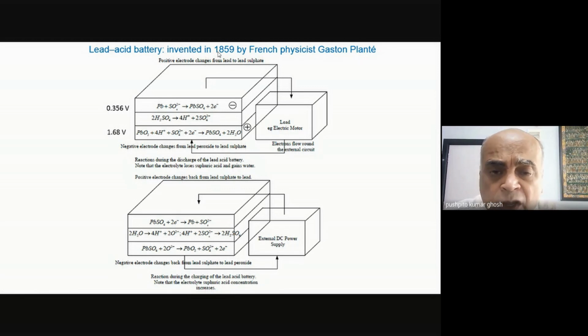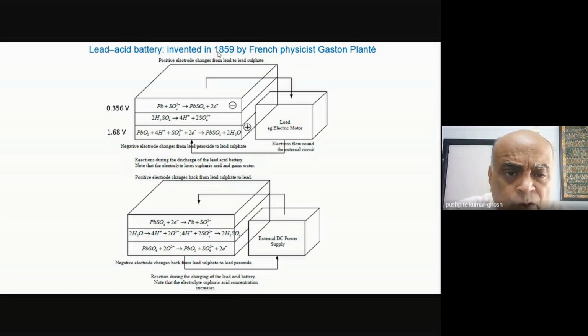Notwithstanding all this talk about lithium-ion battery and the revolution of the future, the truth of the matter is, even today, if not all, the majority of our batteries are lead acid batteries. All the solar energy storage today in India is all lead acid battery. So, lead acid batteries continue to be very important.